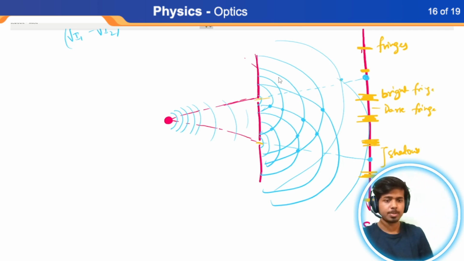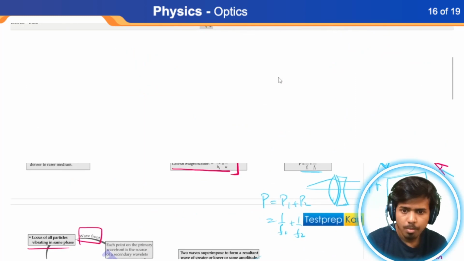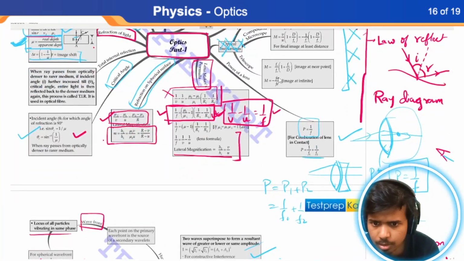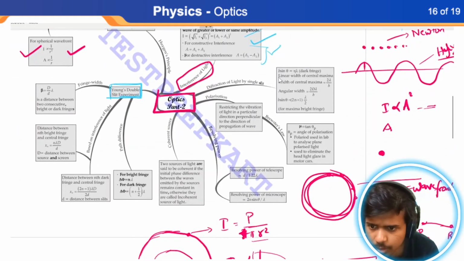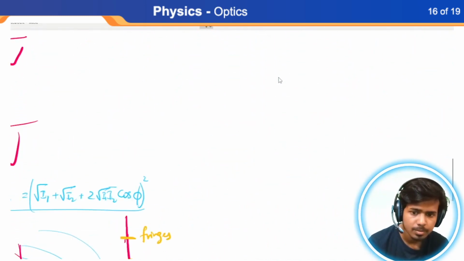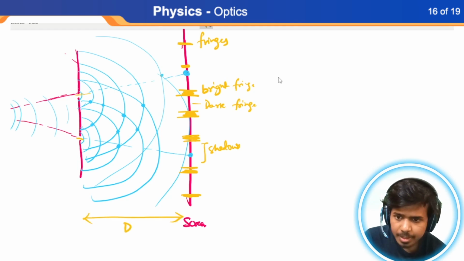This is the basic explanation of Young's double slit experiment, and I'll talk about the quantification. The width of any fringe, or the distance between two consecutive bright fringes or dark fringes, is found by D lambda over small d, where D represents this distance and small d represents the distance between the two slits.